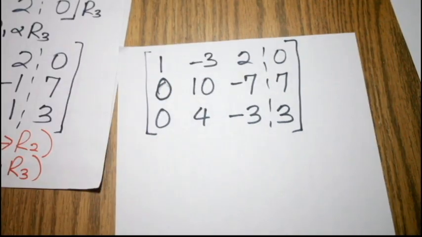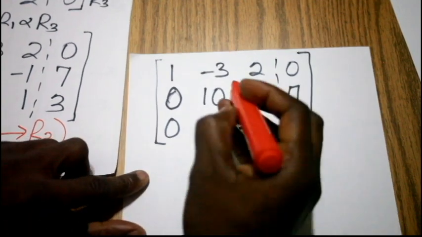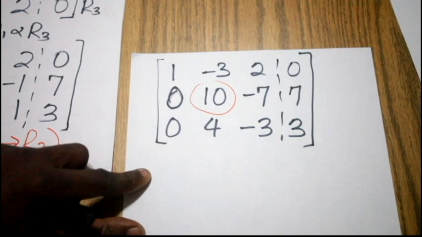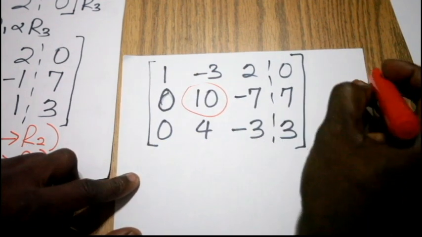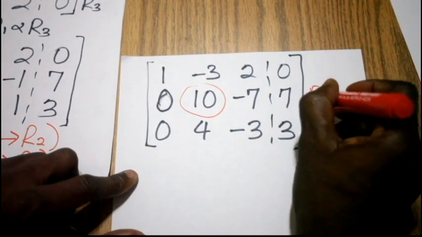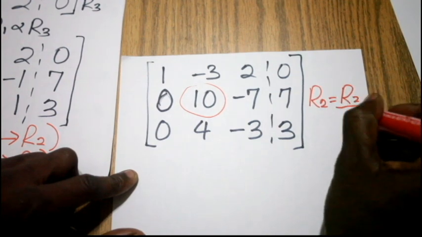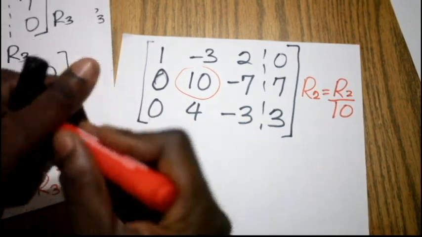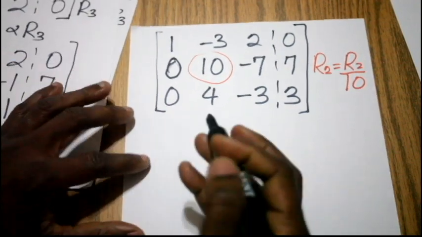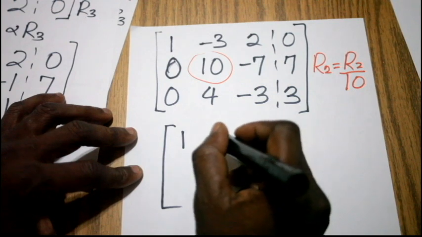The next operation we're going to perform is how to change this 10 into 1, so that we can start working on getting our 1 diagonally. The formula we're going to use is R2 equals R2 divided by 10. Once we have used that equation, we're going to have a new augmented matrix.